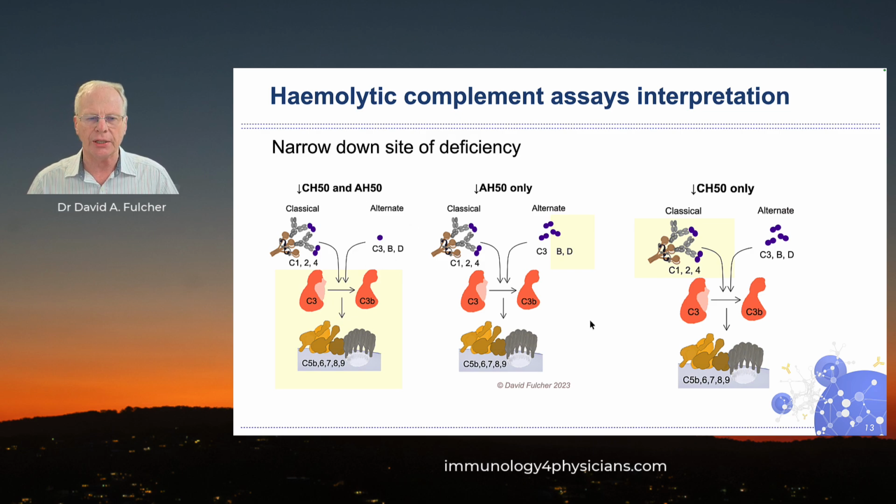If you just have a problem with the alternate pathway and your classical pathway is working, in other words, the CH50 is normal, then it narrows it down to a few small components in the alternate pathway, including properdin. And if only your CH50 is down and your alternate pathway is normal, that obviously means that the classical pathway is deficient.